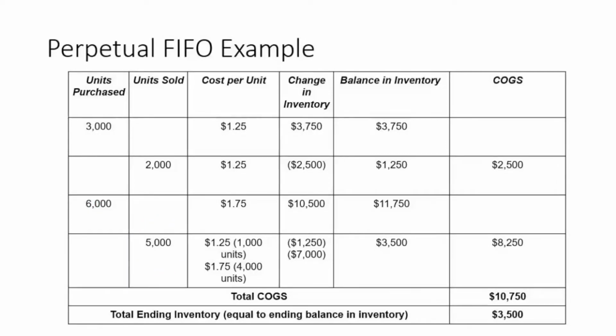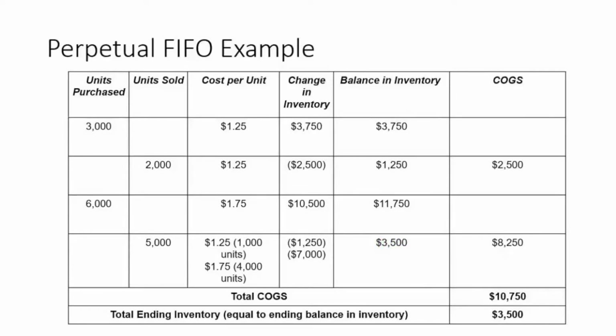We are going to assume that Candle Corporation sold the oldest units first, so they had 1,000 units remaining from their batch 1 purchase, which is why we're going to allocate 1,000 units at $1.25 for this sale, and then the remaining 4,000 units will be assumed to have been sold for the $1.75 cost per unit. So that will give us a total change of $8,250, which will decrease inventory, and that will also be our cost of goods sold. And now we'll have an ending inventory balance of $3,500.